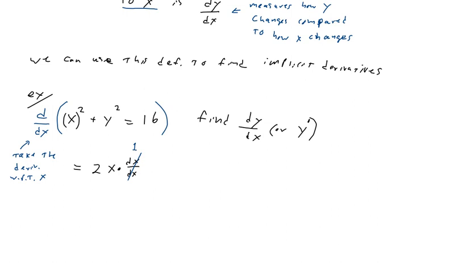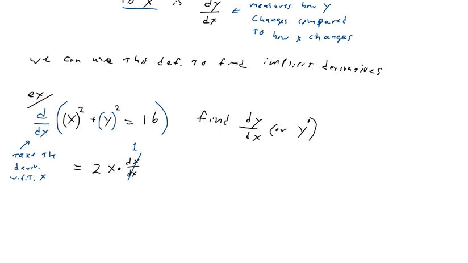So let's do the same rule with y. This 2x times dx over dx, which is 1, we can safely ignore. The derivative of x squared was 2x. Great. Let's do the same rule, d/dx of y squared, and again I'm going to think of this like a chain rule.